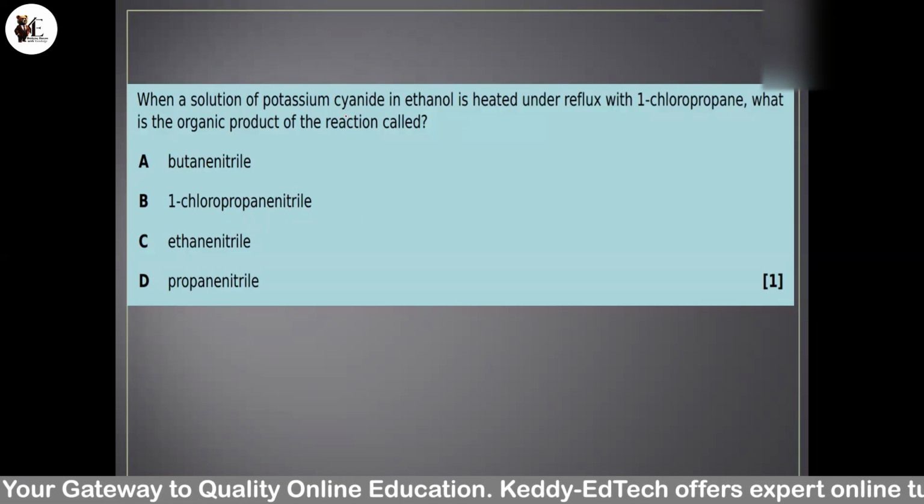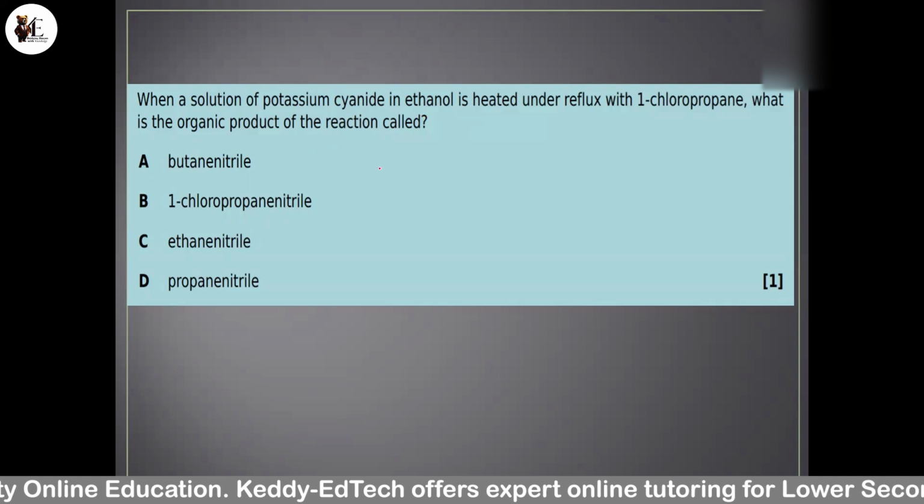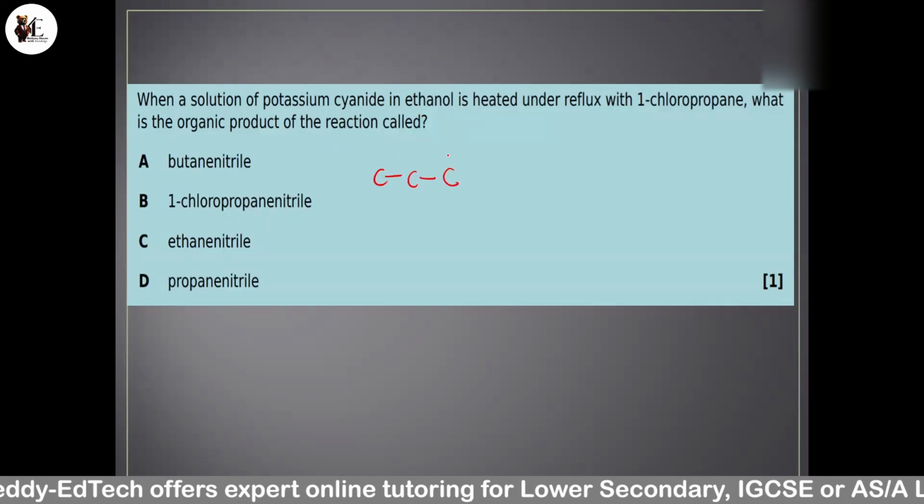So when a solution of potassium cyanide in ethanol is heated under reflux with 1-chloropropane, this is my 1-chloropropane.